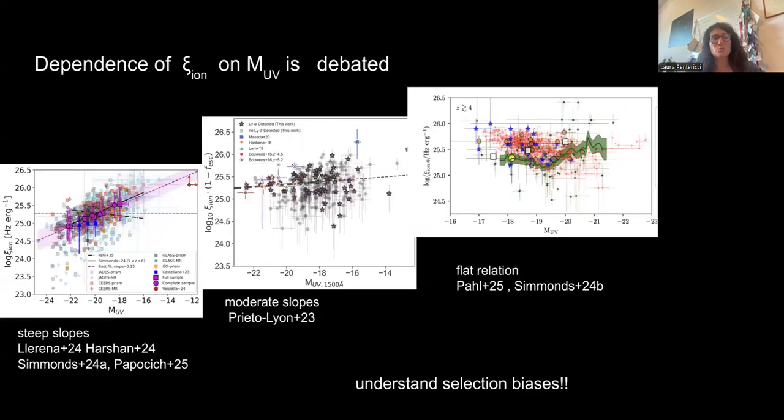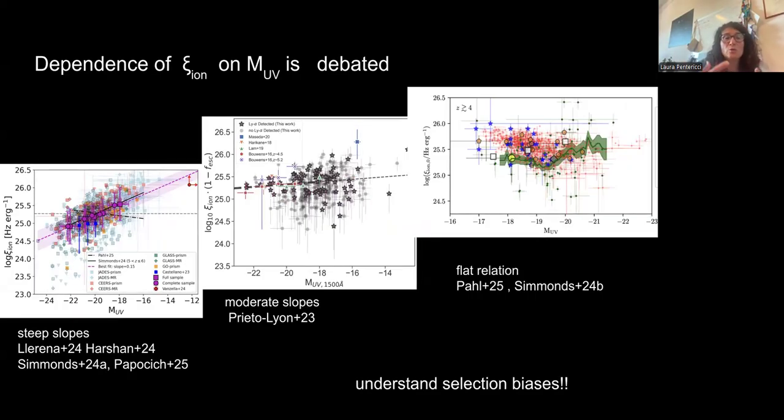So what is more debated is actually the dependence of Xi-ion on MUV. So if the production is more efficient or less efficient in faint or bright sources, okay? This is actually very important because if you go back to our budget of ionization, we are integrating the UV photons and then multiplying them by the Xi-ion and then again by the f_esc.